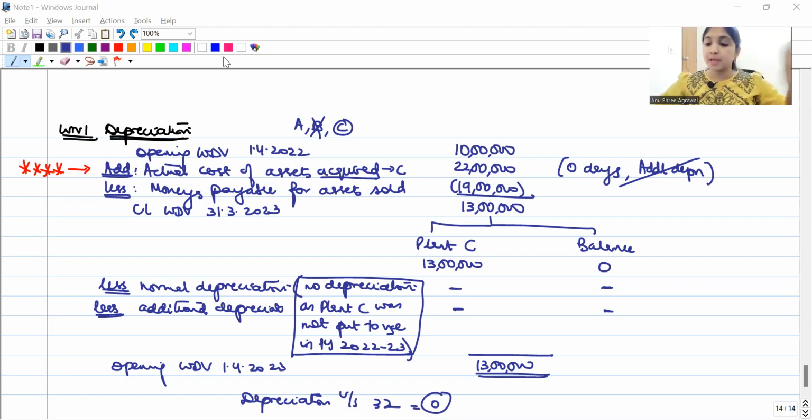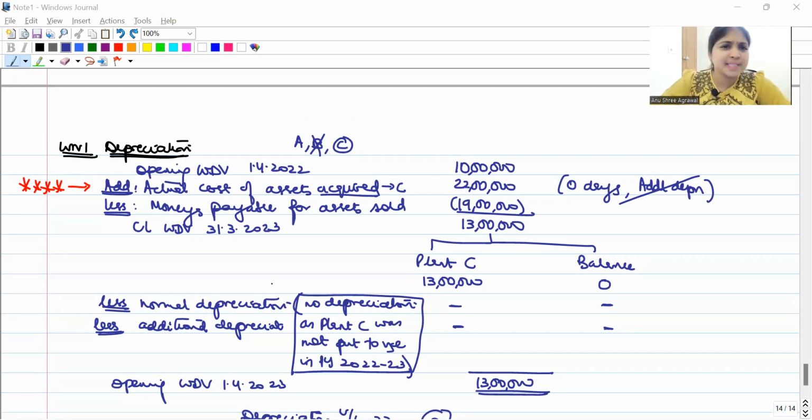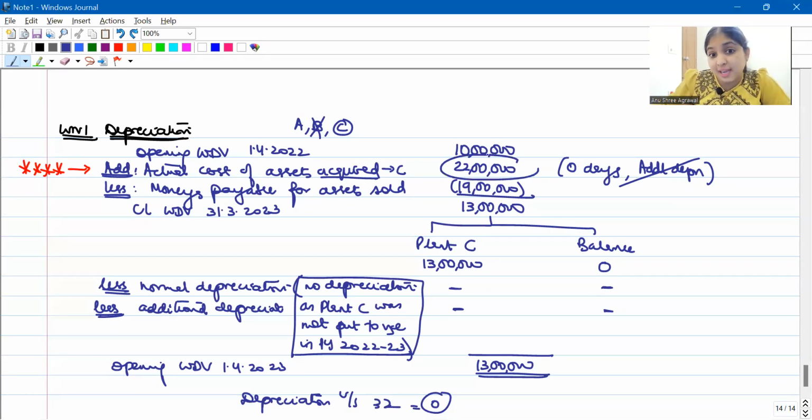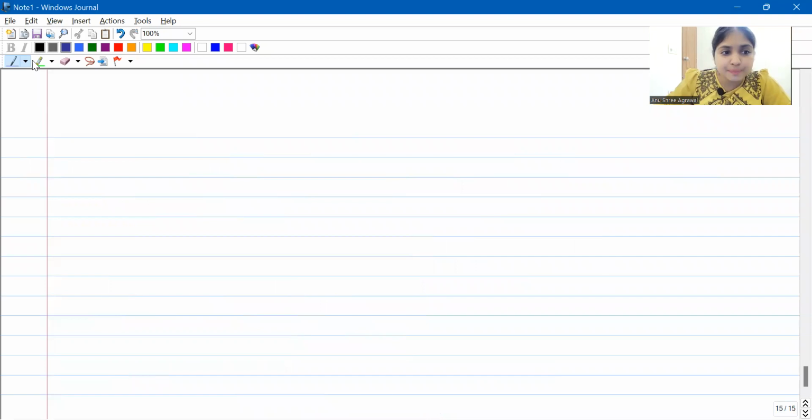Are we done? No questions? Crystal clear? Fine. So this was the biggest learning of today, that even though my asset is not put to use, it still enters the block. Not put to use, so no depreciation, but it will still enter the block. Okay, so we're done with the PGBP part.